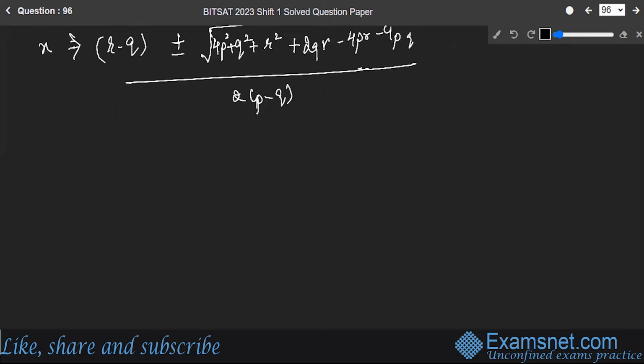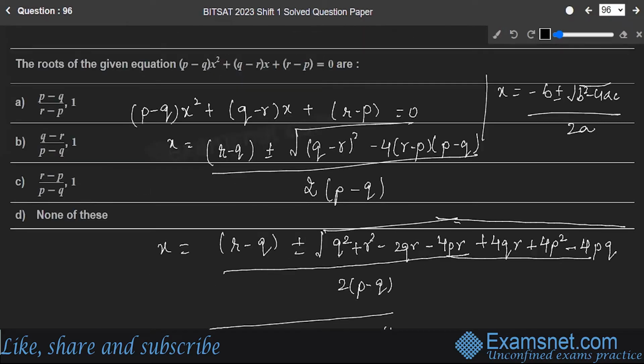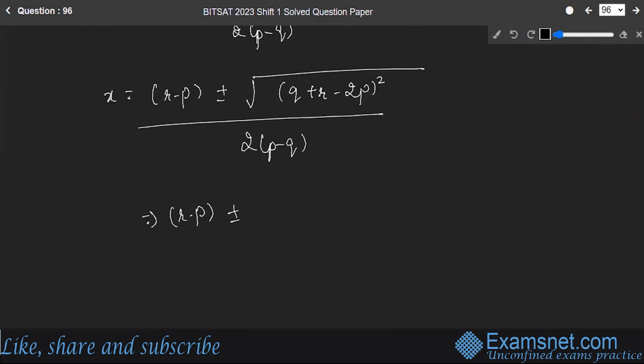So this is the root of (Q plus R minus 2P) whole square, so the root will be gone, and you will have R minus P plus or minus (Q plus R minus 2P) divided by 2 into (P minus Q).